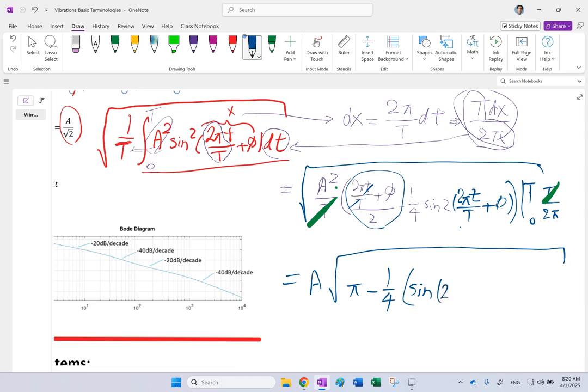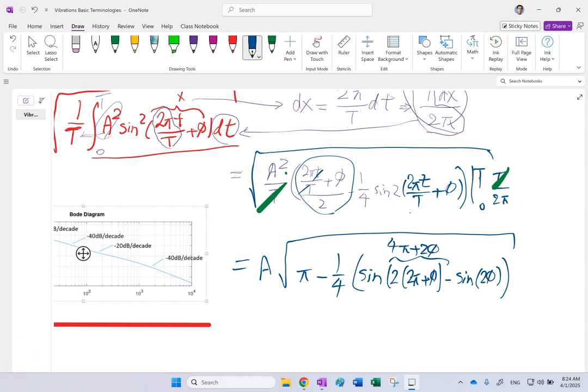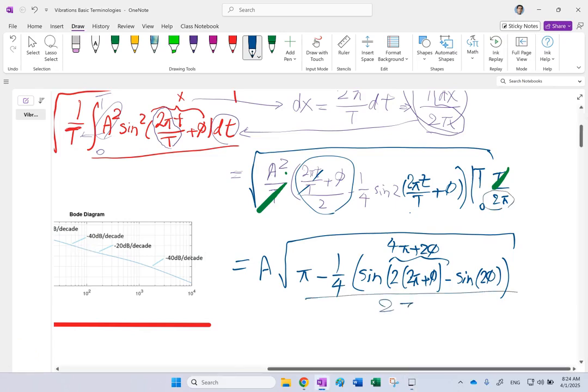Sine of 2 times 2 pi plus phi, and then minus sine of, basically plug in 0, is just going to be 2 phi. And here, this is going to be basically 4 pi plus 2 phi, right? We also have this 2 pi that should come to the denominator.